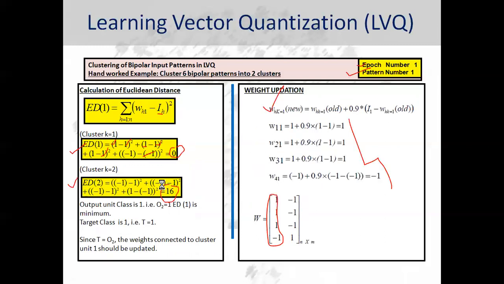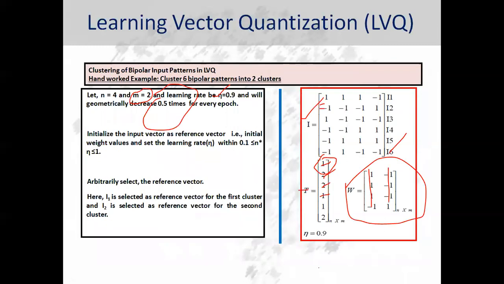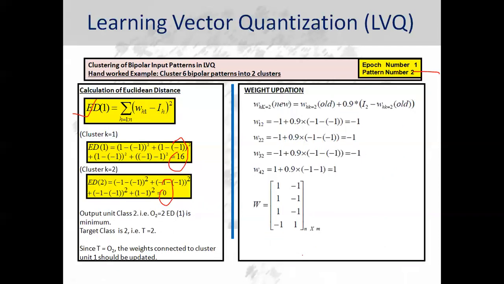In case of the second pattern, the output class expected was 2, and the class generated by the LVQ is also 2, because this distance is equal to 0. So it is the minimum one, and will be declared the winner. So the target is equal to the observed class from the LVQ, and hence the weights are to be strengthened using the same formula. So we updated the weights, and the new changed vector is this. So again we obtained the modified weight matrix.